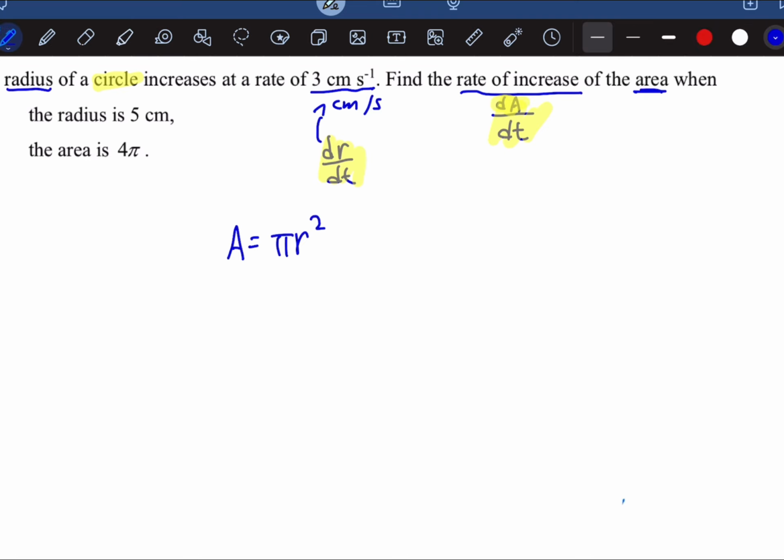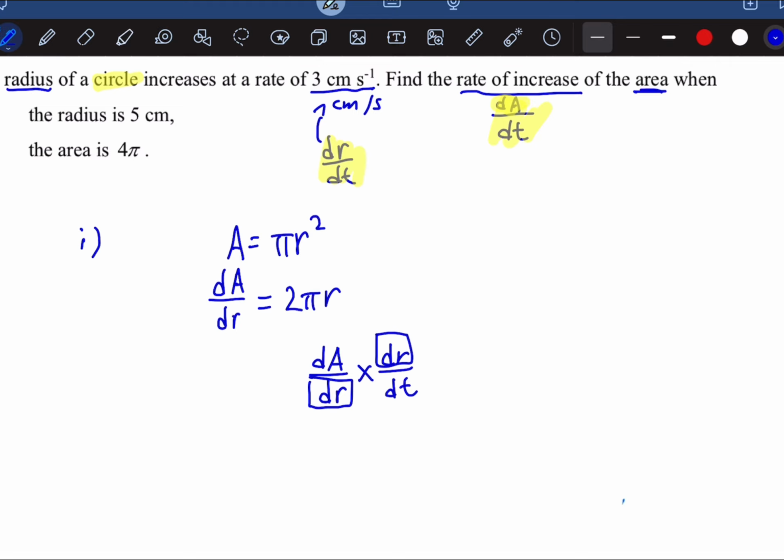So the procedure is, if we differentiate the area formula, we will get dA over dr. If we differentiate this, we get 2 pi r. So our rate of change formula will be dA over dr. You can see this denominator must be multiplied by the same as the numerator.